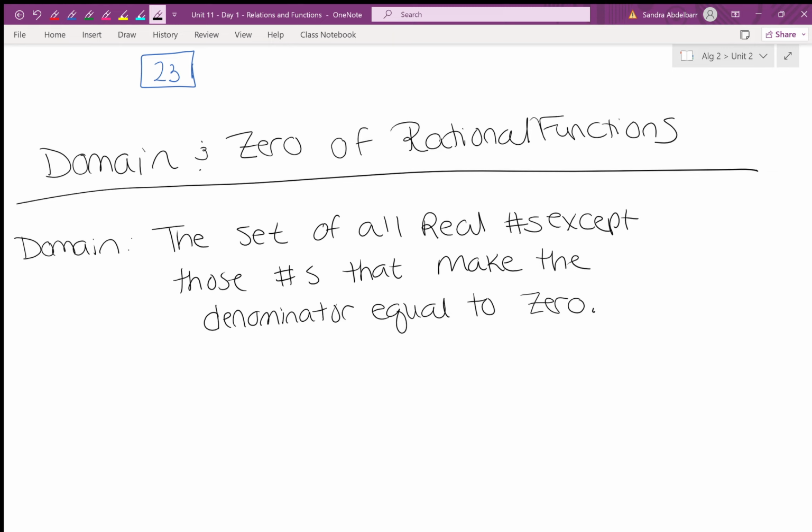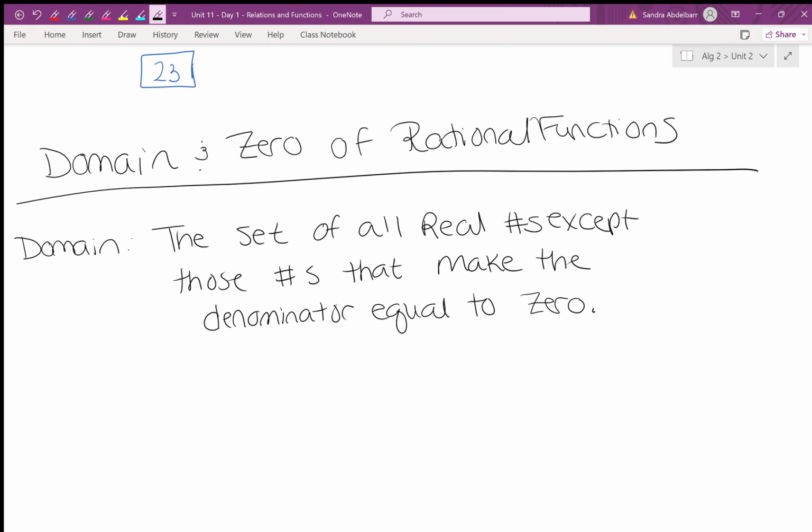So what does this mean? If I give you a function, your domain will always be all real numbers unless there's a denominator. And then if there's a denominator, what do we have to make sure? That there's no value of x that can make that denominator equal 0.